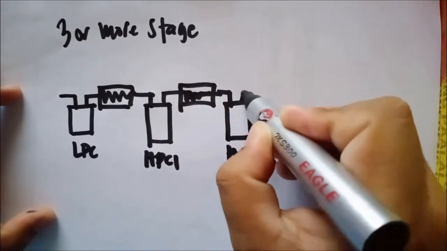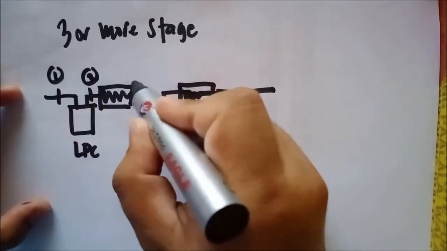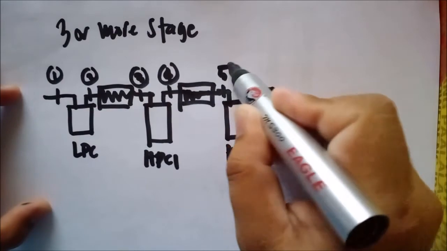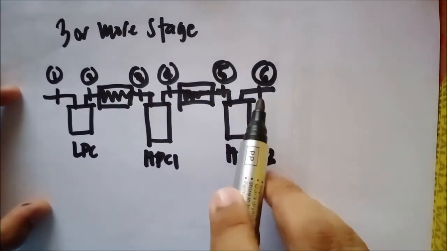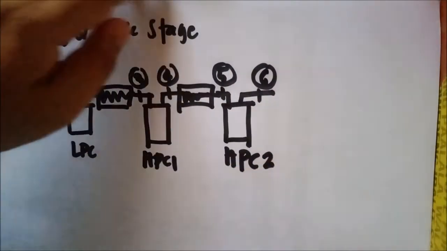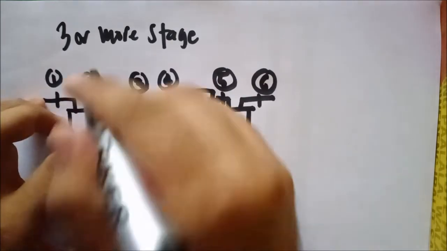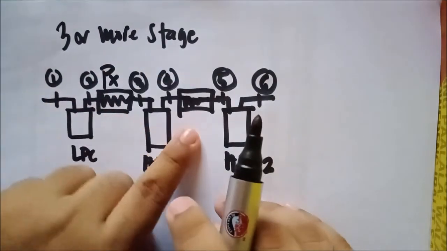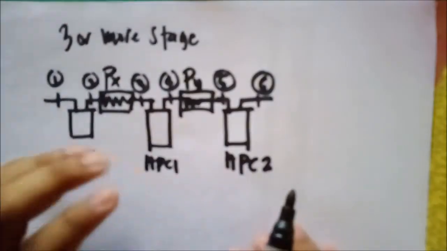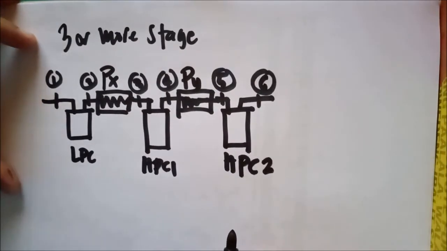High pressure compressor 2. So our final pressure is P6, our initial pressure is P1. The reason why in the two stages this is called Px, sorry, is because if there is another intercooler, it is termed as PY, and the third intercooler is termed as PZ. So that is why sometimes it is called PX, PY, no?